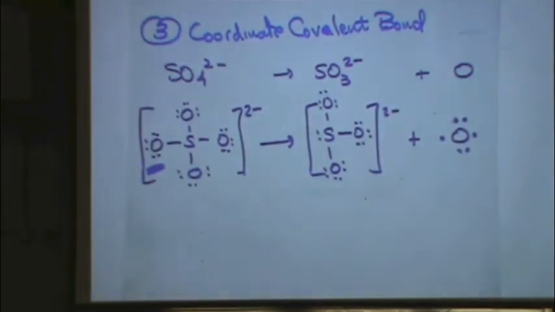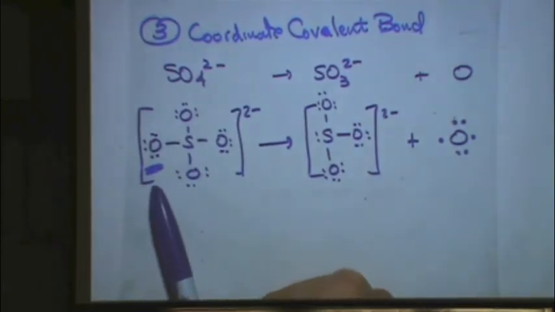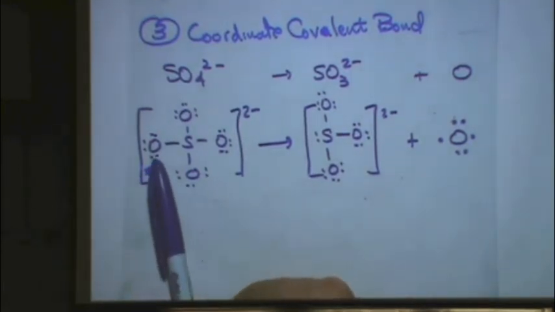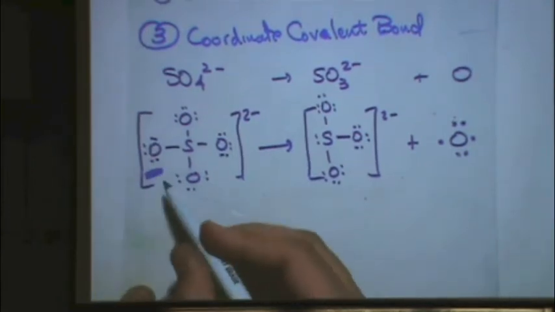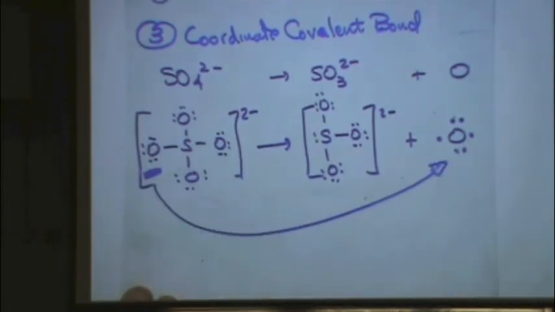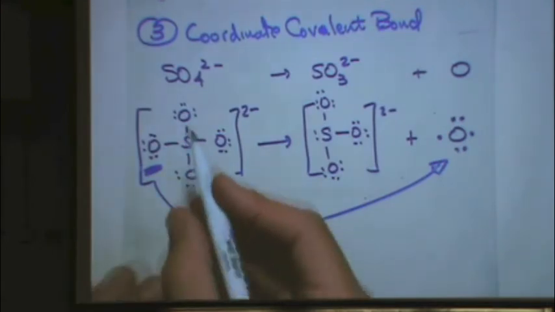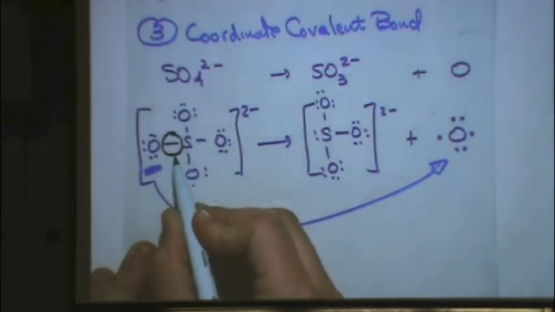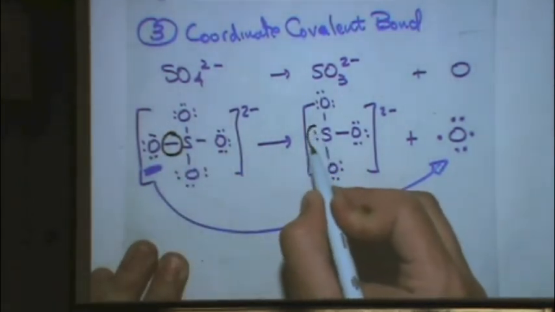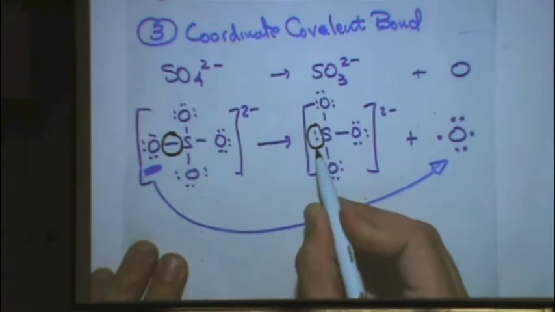So if you see a single bond like that, that means 2 electrons. So this oxygen right there, it's underlined, has 6 electrons, and over here, it still has those 6 electrons. Okay? Where did the bond come from? Well, this bond right here that I just circled came from these 2 electrons on the sulfur right there. Okay?